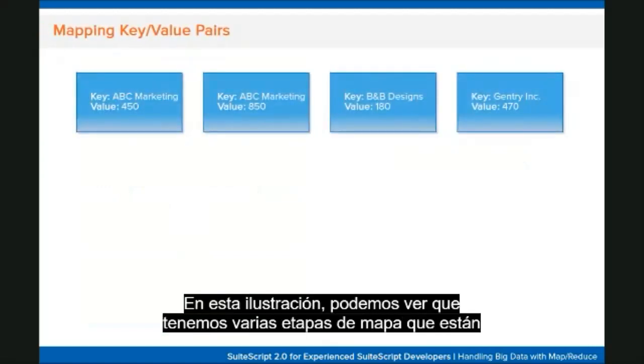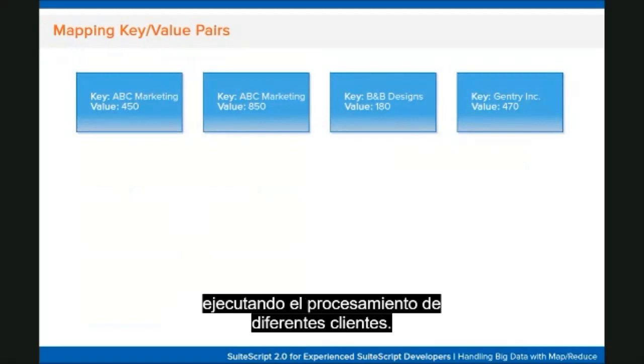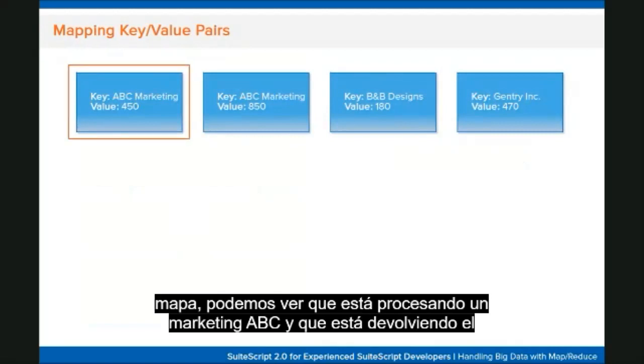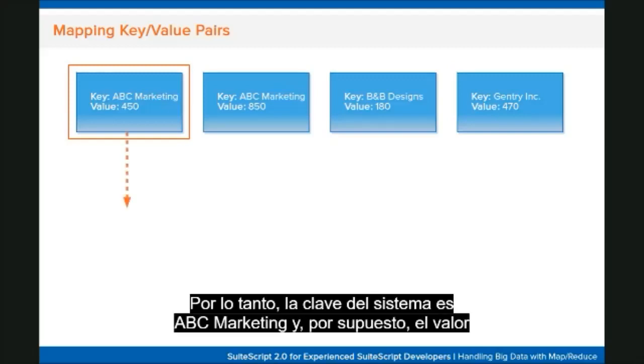In this illustration, we can see that we have multiple map stages that are running, processing different customers. So for the first execution of the MapReduce script or the map stage, we can see that it is processing ABC marketing, and that is returning the value 450. So the key here in the system is ABC marketing, and then the value, of course, is 450.